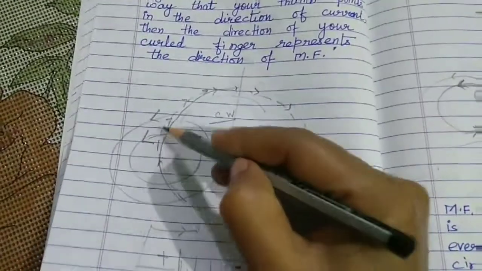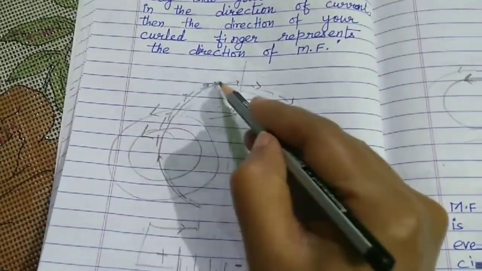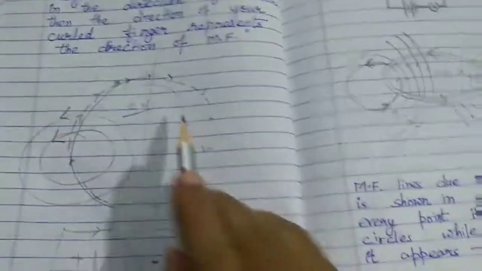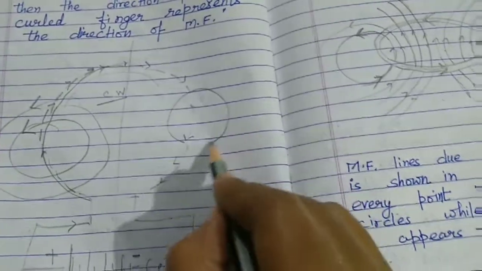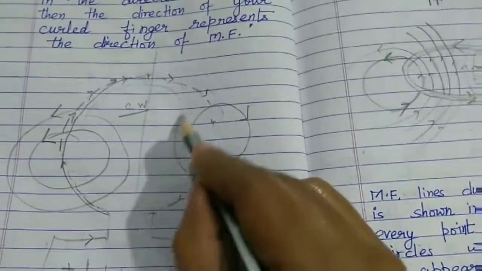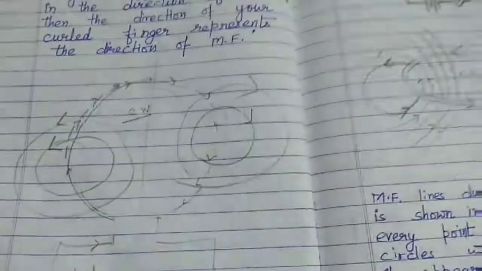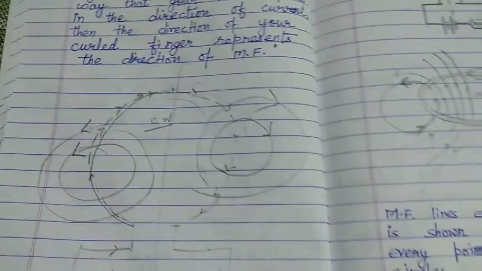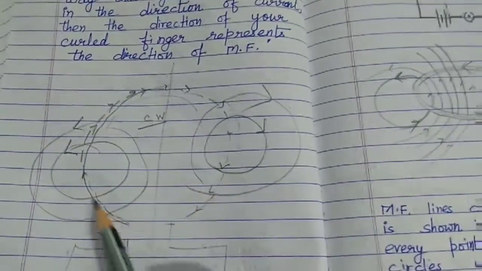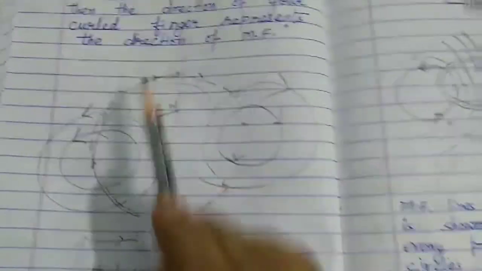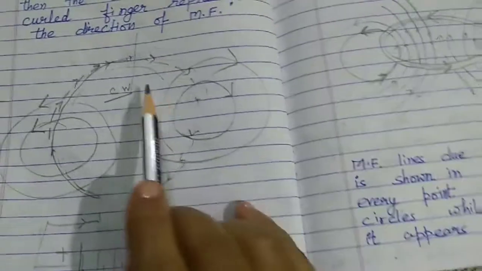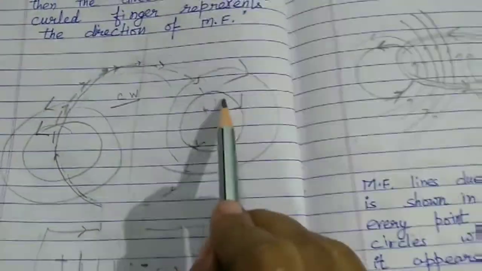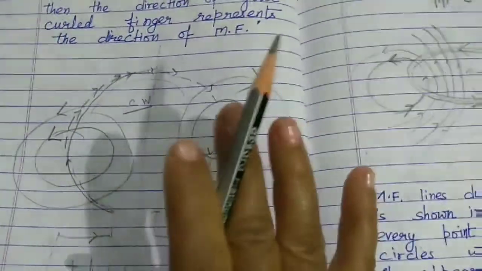So if we take this circular wire as fragmented small pieces, in the other part the direction of current is clockwise like this. Because in this part current is going upward, so the magnetic field is anti-clockwise, and in this part current is going downward and hence the magnetic field is in clockwise direction.